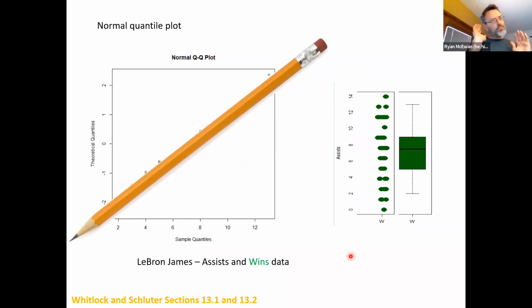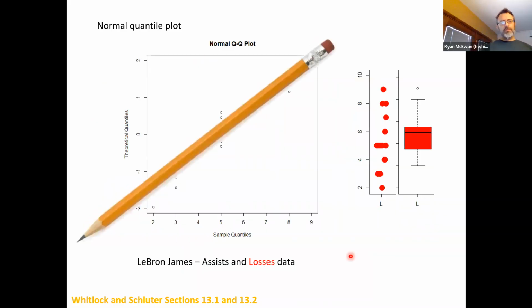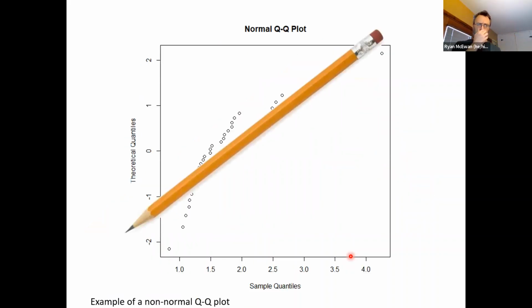All you need to do is draw this plot and ask yourself the question: probably a pencil on there, are all the points hidden? All right, looks pretty good. And I'll show you some that don't meet this as well as we go along.